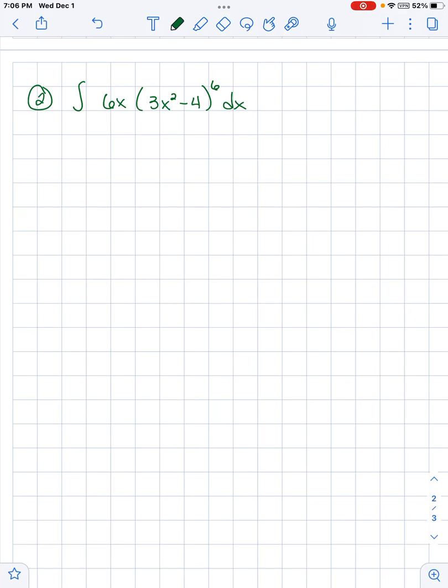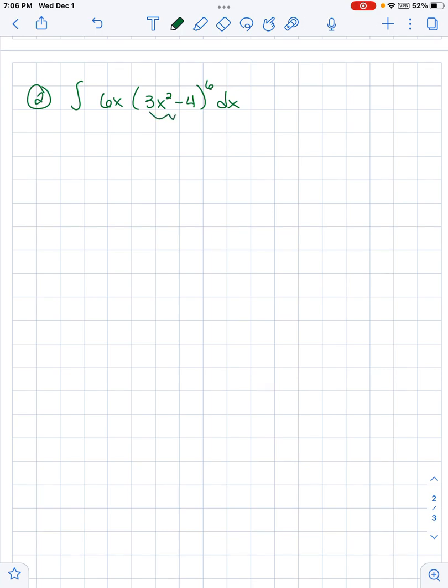Okay, welcome back. I hope you did try it. I see that there is an inner function. Since there is an inner function, I need to use U-substitution. The inner function is 3x squared minus 4. The derivative of the inner function is 6x, conveniently. I'm doing this on purpose. So du is 6x times dx.